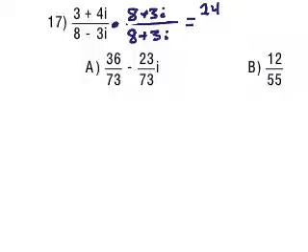And then 3 times 3i is 9i. Then we have 4i times 8. That's 32i. And 4i times 3i will give us 12i squared. And you know what's going to happen to that.